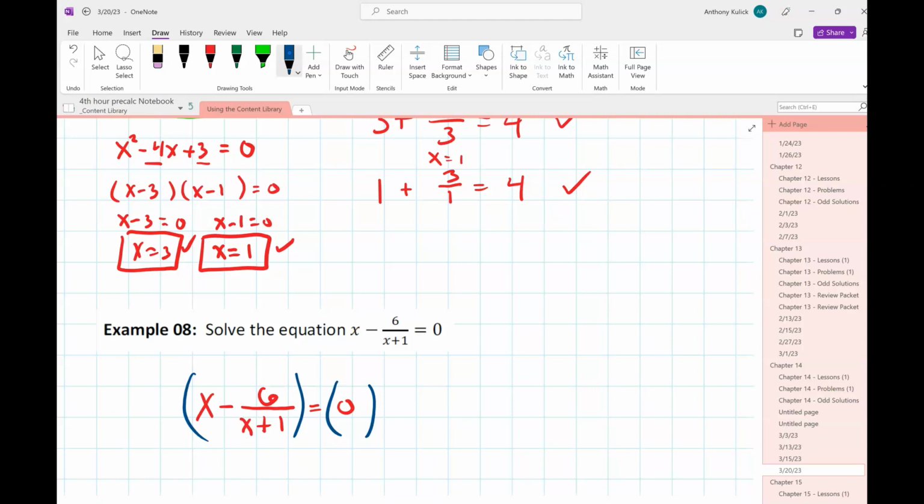Who wants to posit a guess? It's okay to be wrong. That's correct. X plus 1 is the answer. We have just the one fraction. So whatever the denominator is for that fraction, that'll be what we need to multiply both sides by.